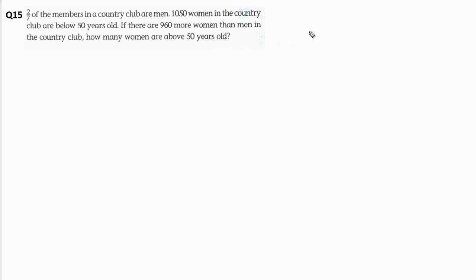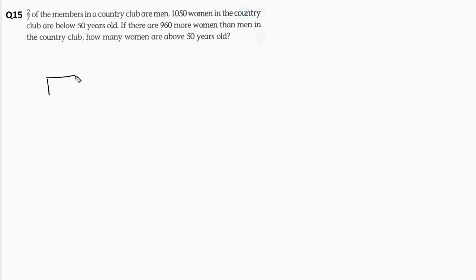Now, if you look at the answer book, it draws one bar, a simple part-whole model in order to show this. It goes something like this. So it says 2/7 of the members are men. So the members have been divided into 7 equal parts.